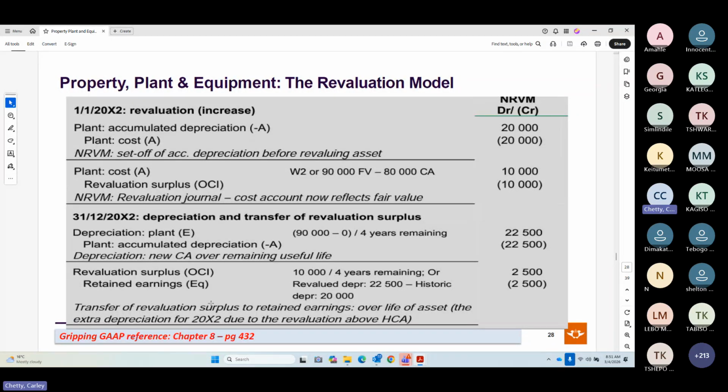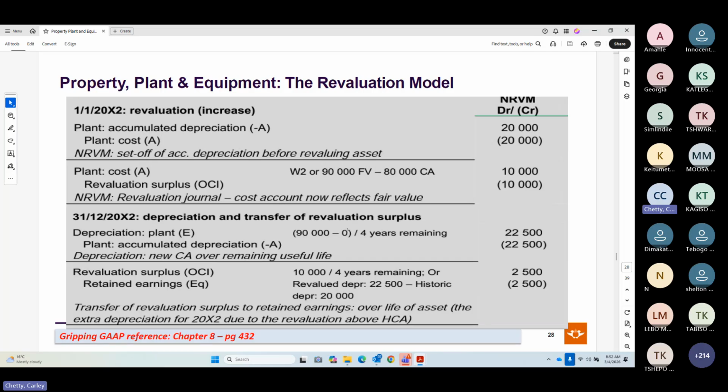Then remember I said we need to transfer a portion from our revaluation surplus account to retained earnings, and we are going to do this over the life of the asset. Due to the revaluation, we credited the revaluation surplus account with 10,000 Rand. That 10,000 Rand is now going to be transferred to retained earnings over the remaining life of the asset.